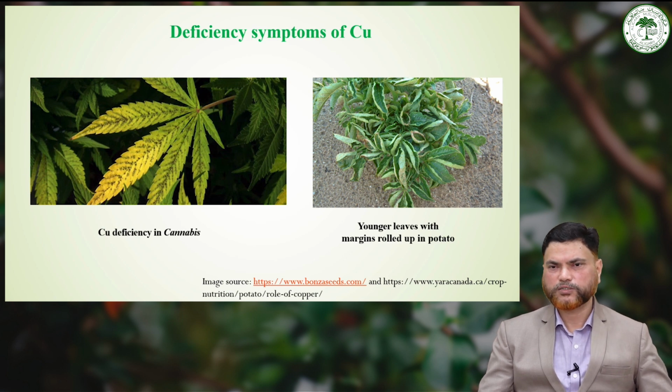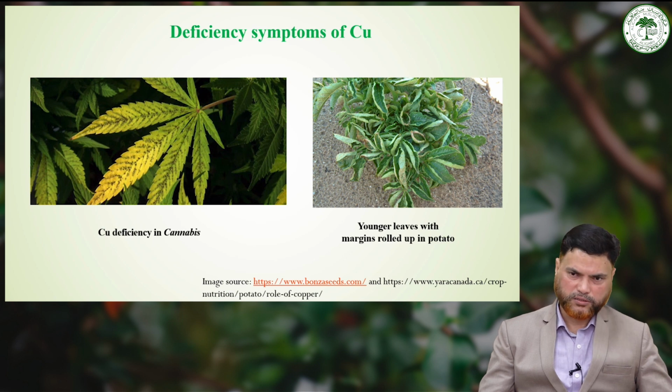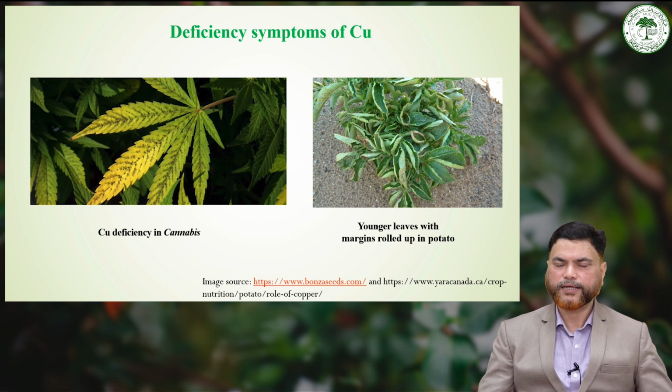Different plant species actually vary in their sensitivity to copper deficiency. Like you see that wheat, oats and spinach, they are very sensitive, but pea, rye and oilseed rape are not very sensitive to copper deficiency.